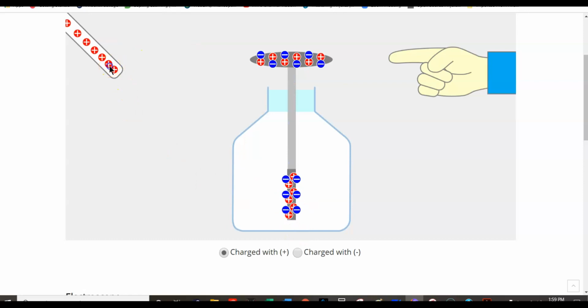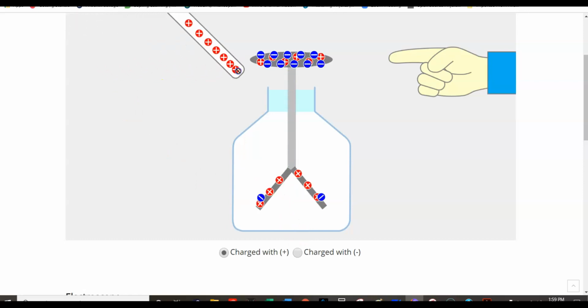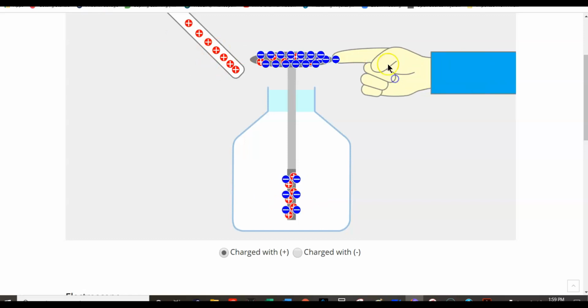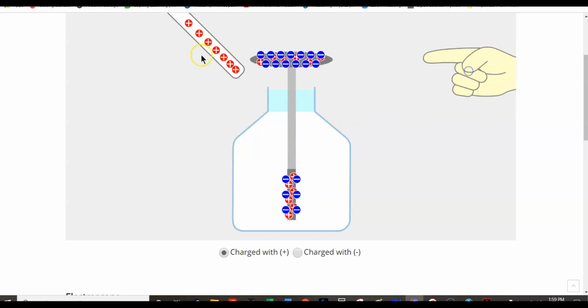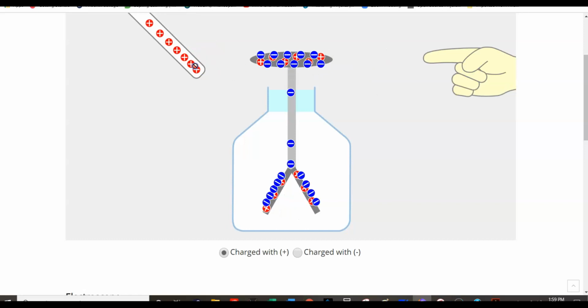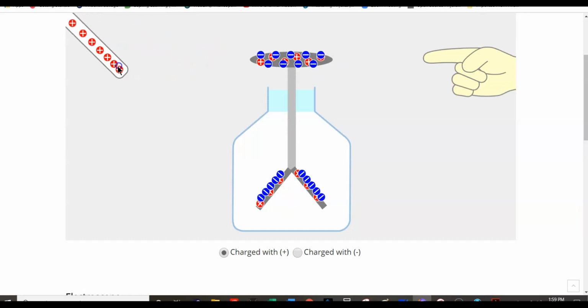But here's what we're going to do. We're going to bring this guy close. So now it's drawn up the electrons from the bottom. And if I now touch it, this positively charged rod is actually going to pull electrons out of my hand, just like that. Now, if I remove my hand, and then remove this, those excess electrons are going to result in a permanently charged, an excess charge of negatives, and now those negatives are going to be repelling each other.